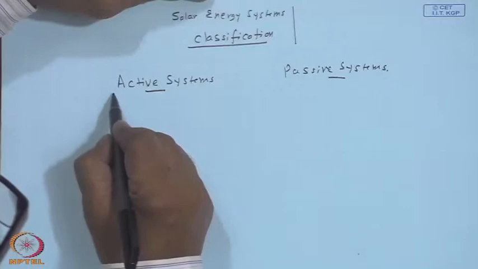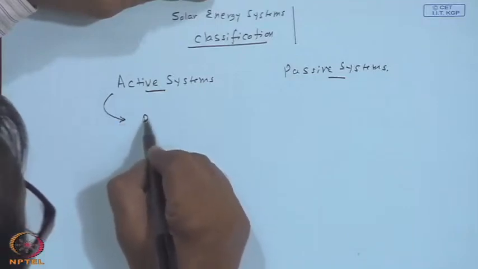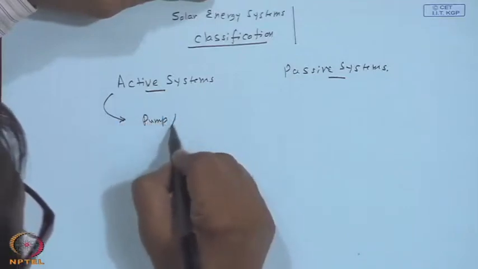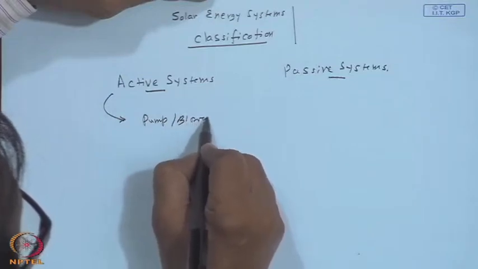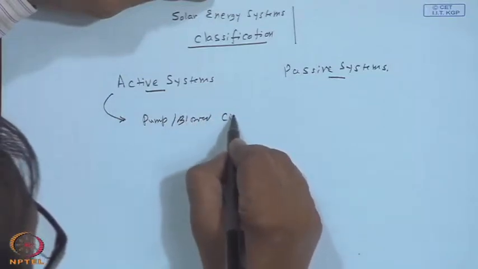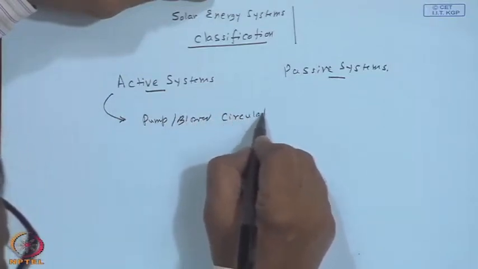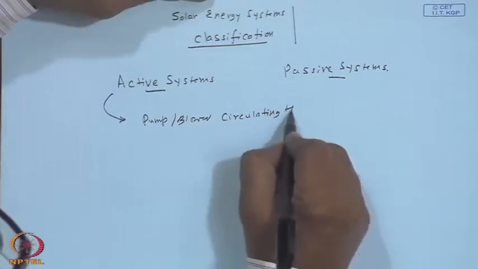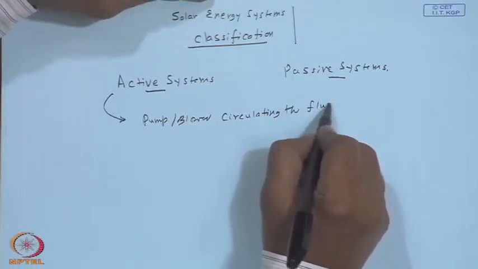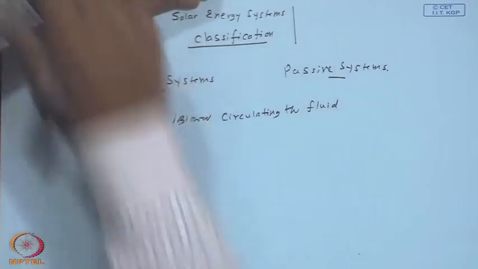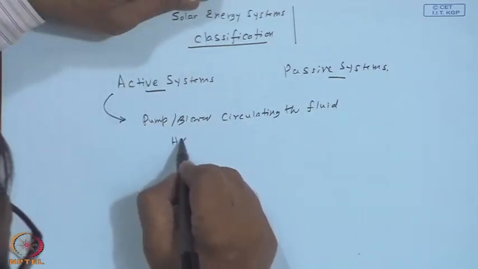Generally, in active systems, you have a pump or blower circulating the fluid, and there may be heat exchangers.